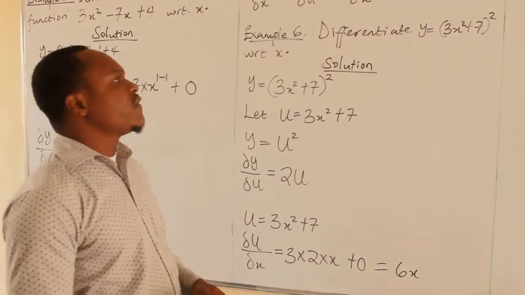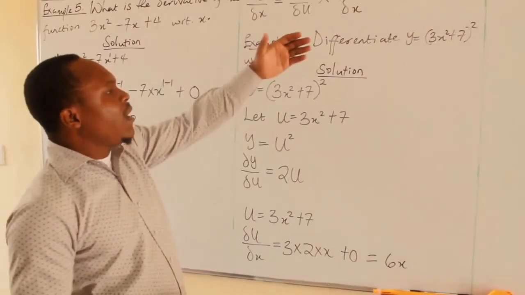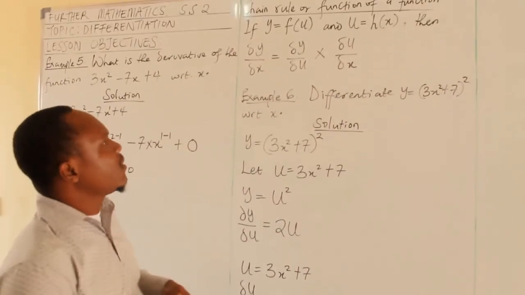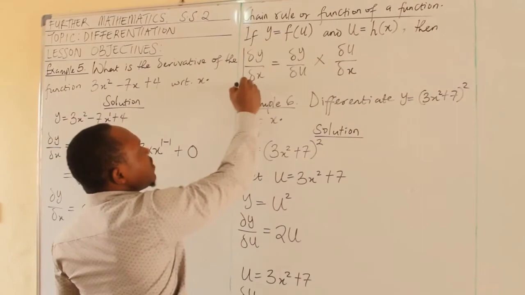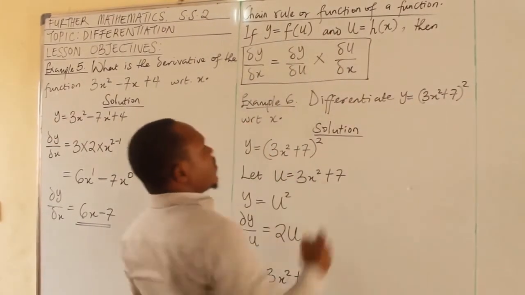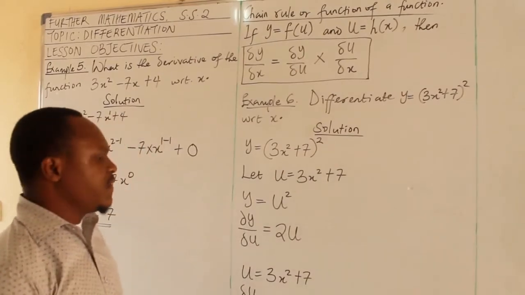And since we are looking for the derivative of y with respect to x, we're now going to come back to this formula, which is the chain rule we're referring to. We have a function which is a function of another function.